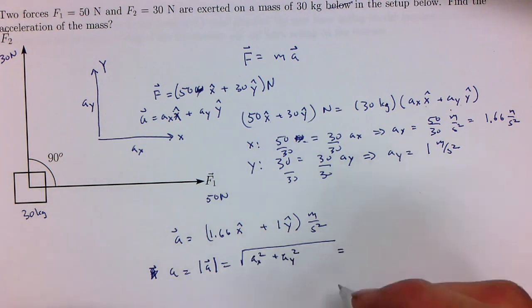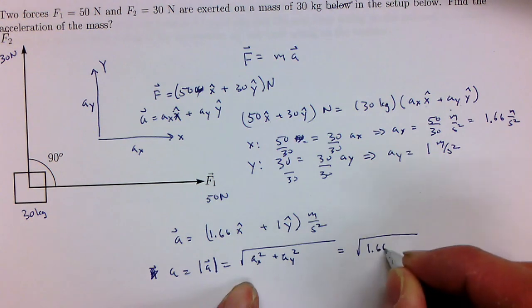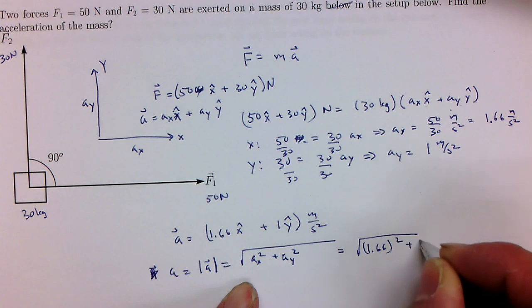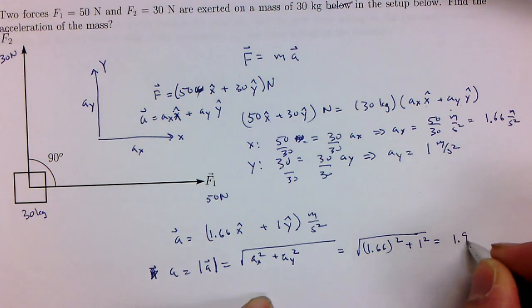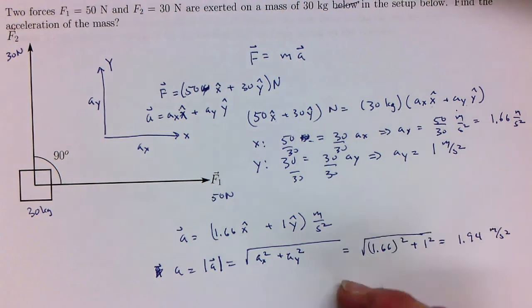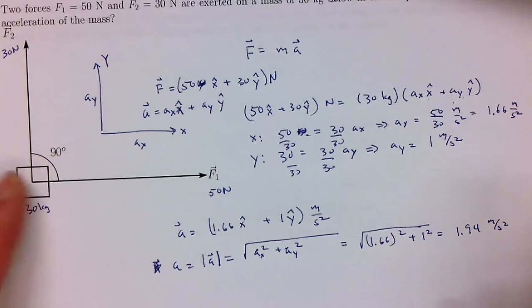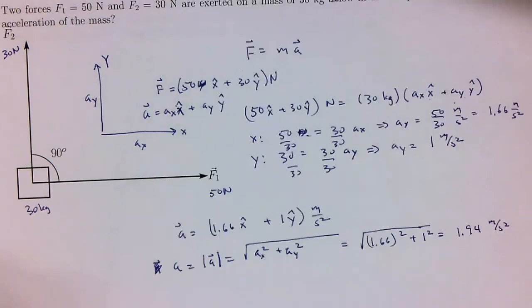So this is the square root of 1.66 squared plus 1 squared, which, if you compute it, happens to be 1.94 meters per second squared. So that might be another thing that could be asked. Now this is true as long as everything is along the 90-degree direction. Well, hope that was helpful.